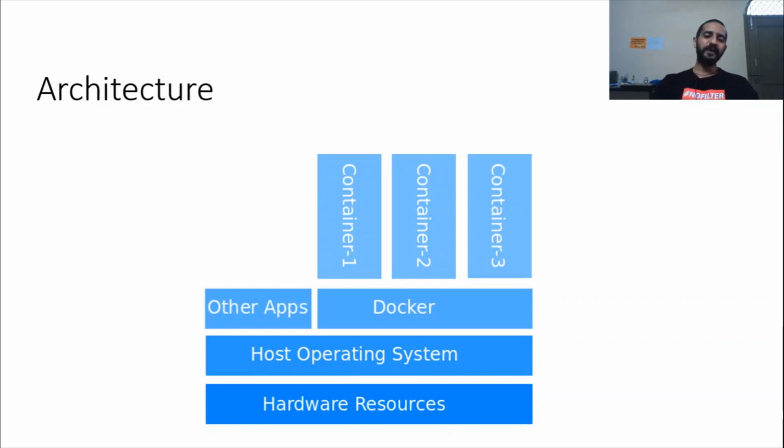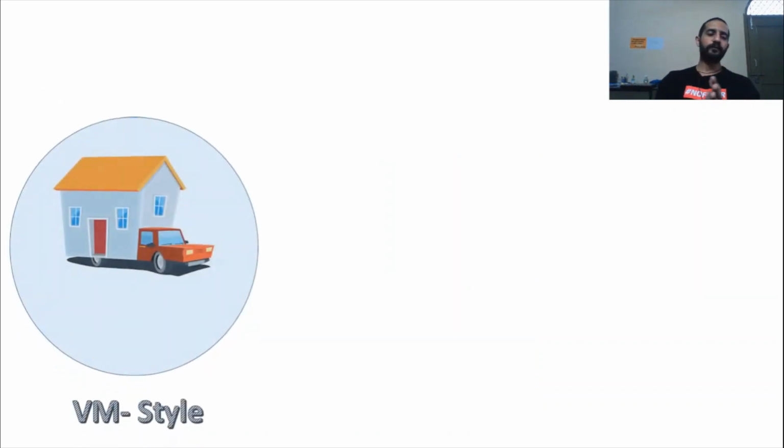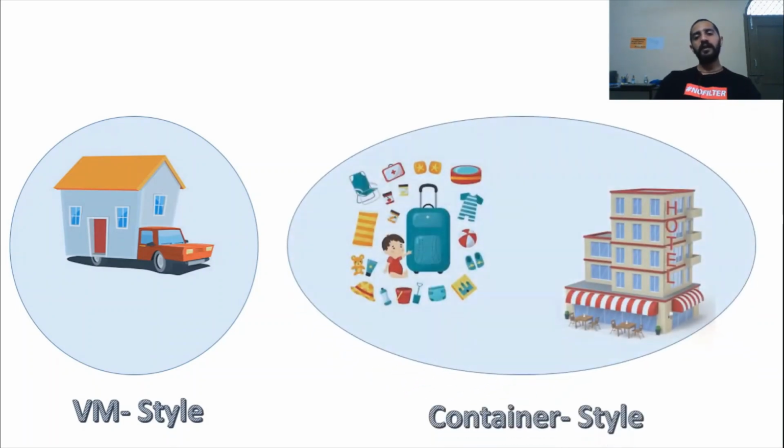So here we can see that Docker is facilitating containers to use the resources of the host operating system and hardware resources. So if we carry the entire house to travel with us, it is a virtual machine style. And if we carry all the items which are necessary to us and use the hotel, or use the resources of our host operating system, then it is a container style.